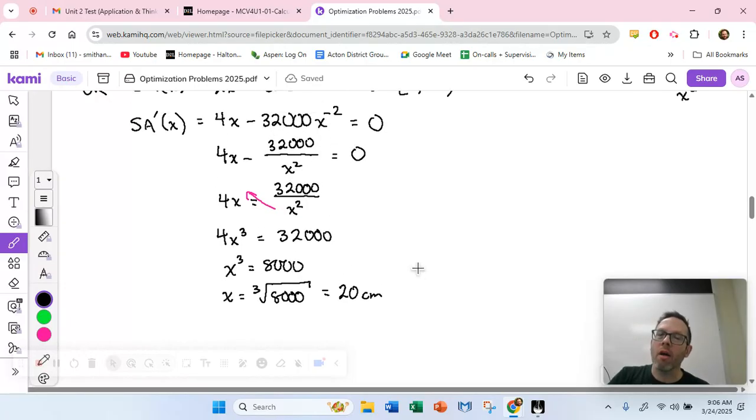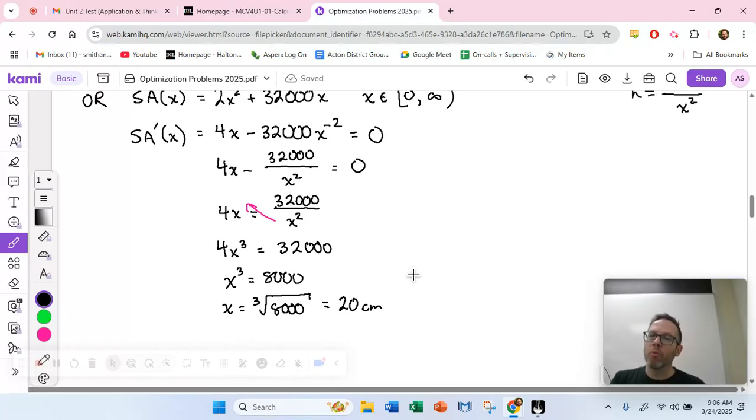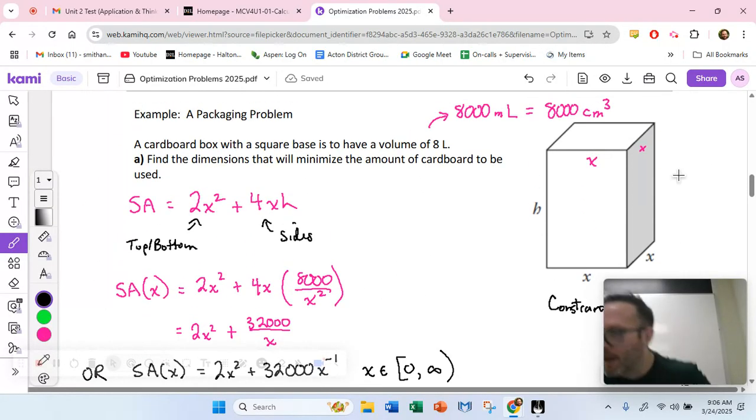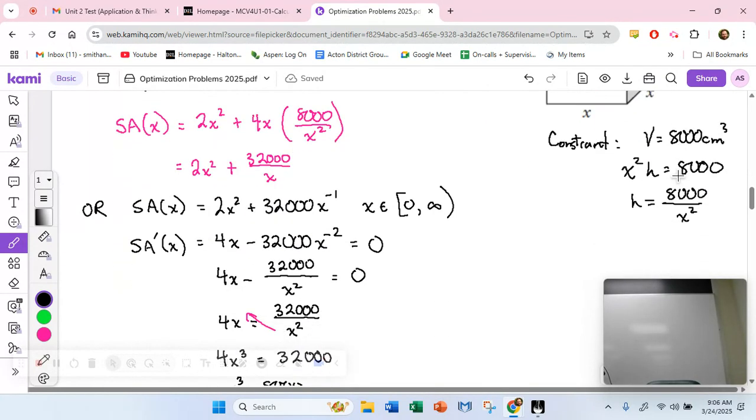Now let's have a little team talk here about, is it really necessary to check our endpoints? If you think about a box that has a very, very teeny tiny value for x, its height is going to be incredibly massive, but its volume, if x is basically 0, would be basically 0.